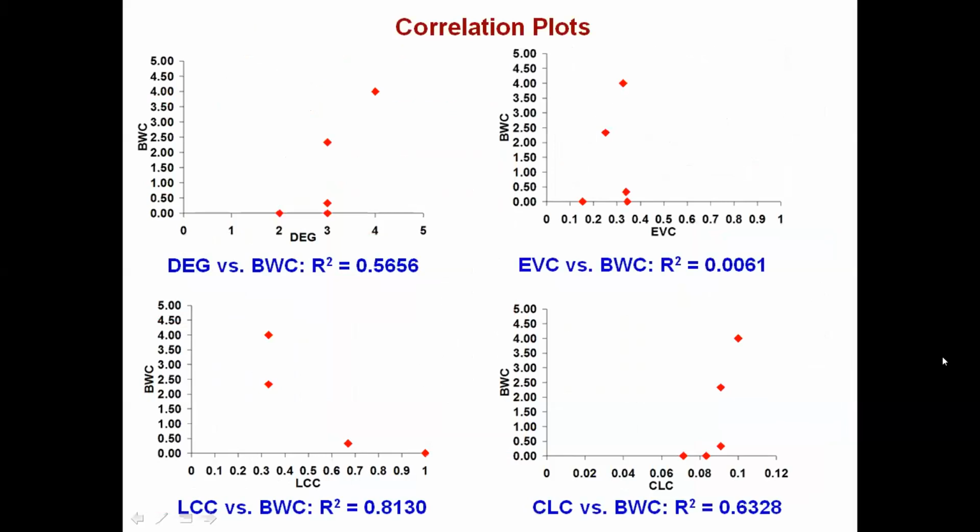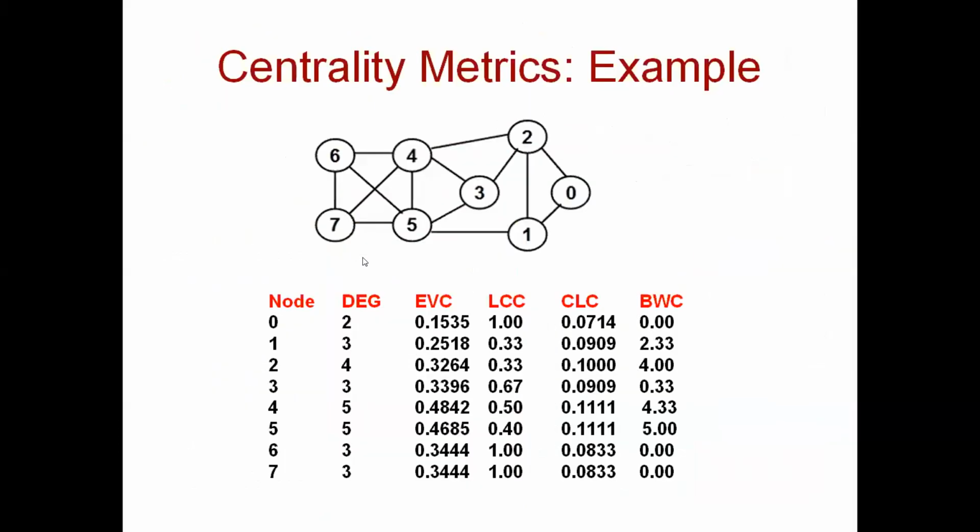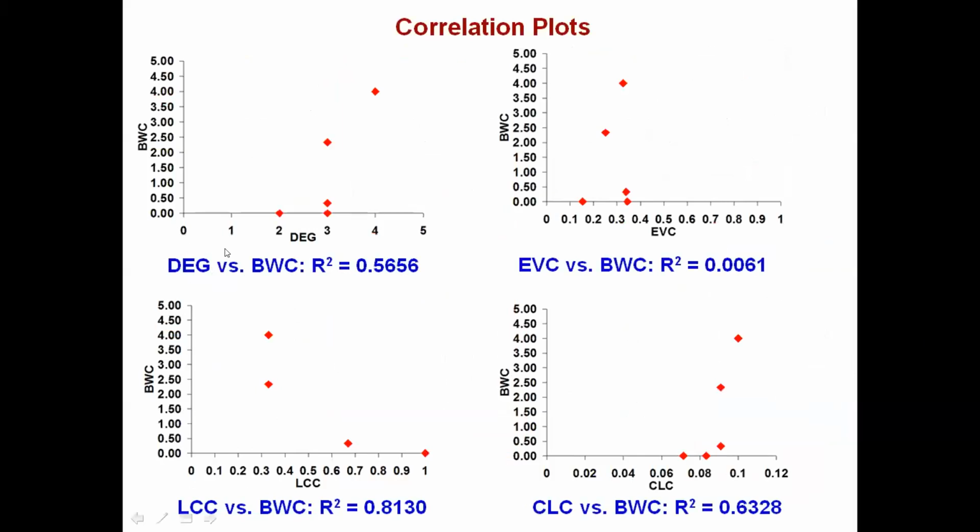So one, as I said, the motivation is to see if we can use any of the existing metrics as an alternative for betweenness. The other four metrics are listed here. I found the correlation coefficient between betweenness and each of the other four metrics, and this is what we get as the R square value of this correlation plot.